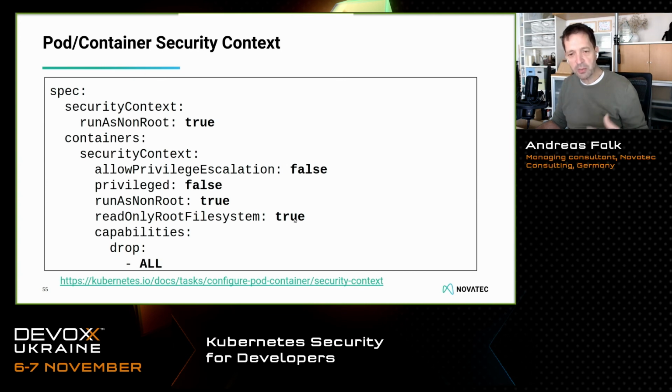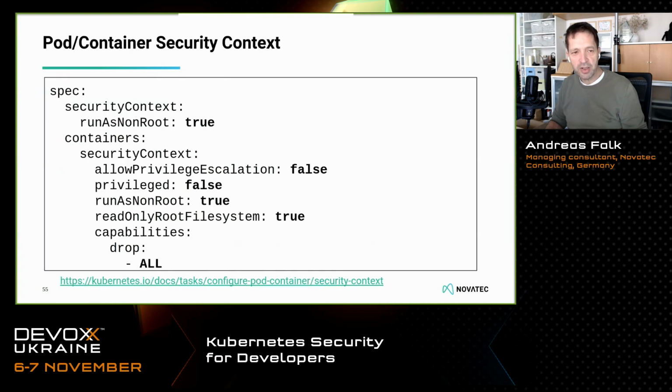So if you need some write access to some temporary directory, then a good approach would be to just mount a temporary file system directly, but not use the root file system for that. And then drop all the capabilities you don't need. You can also easily add one capability then, but dropping all capabilities is the usual case. So lots of containers won't need any capability.